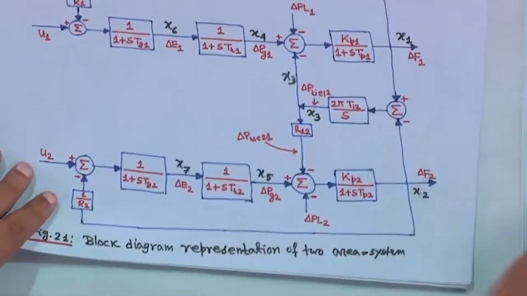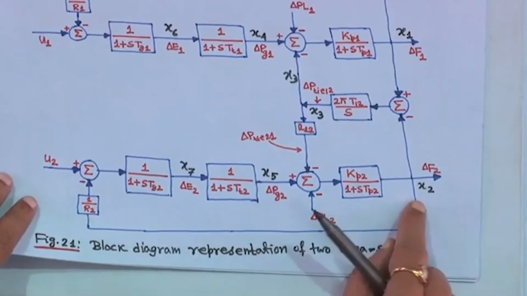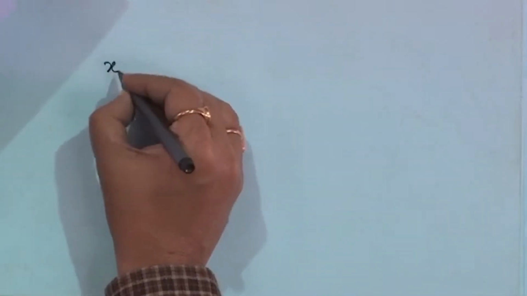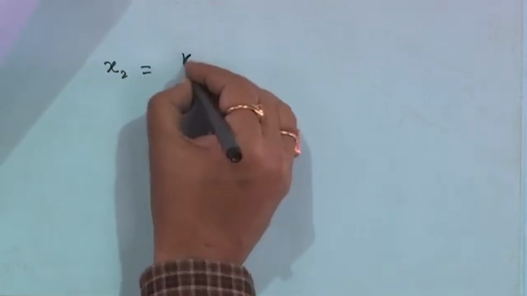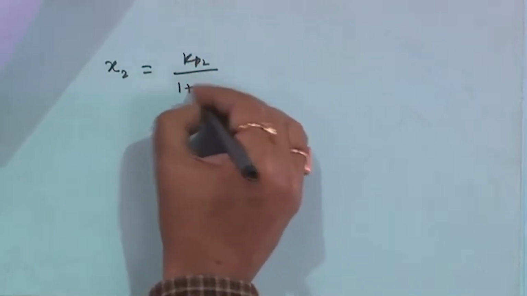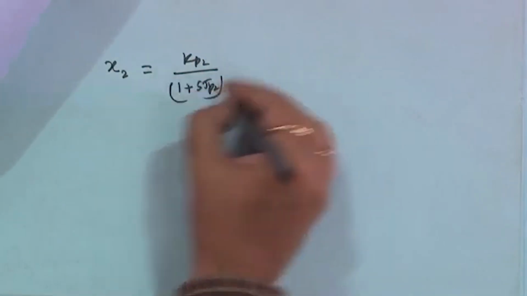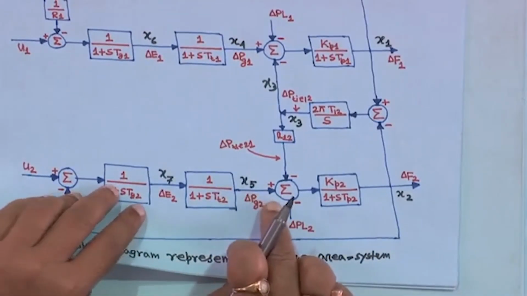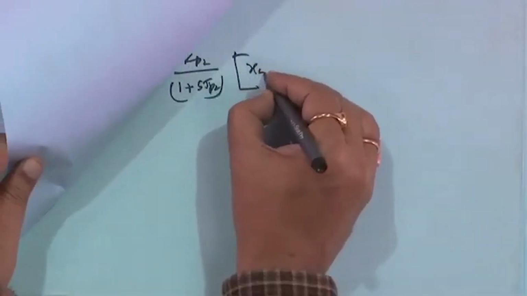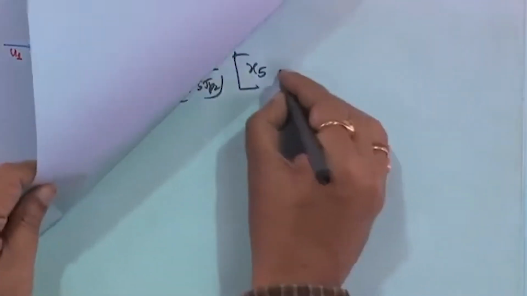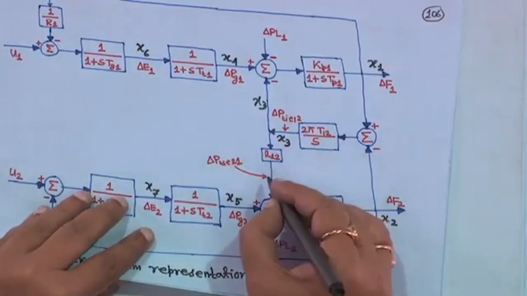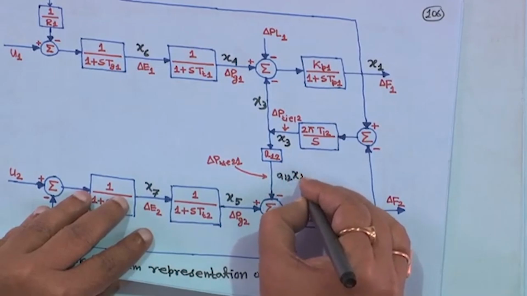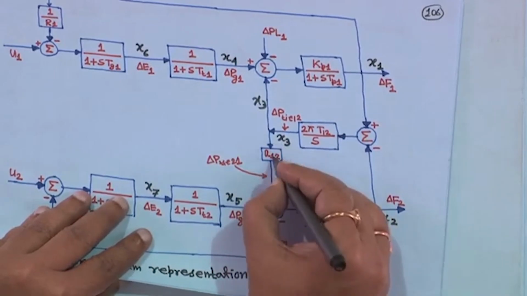Now, second one. If you look into this equation, then we can write x2 is equal to Kp2 upon 1 plus sTp2 in bracket, then it is x5. Then minus, now this is x3. So here delta P tie 12 will actually be a12 into x3, because this is x3 into a12.